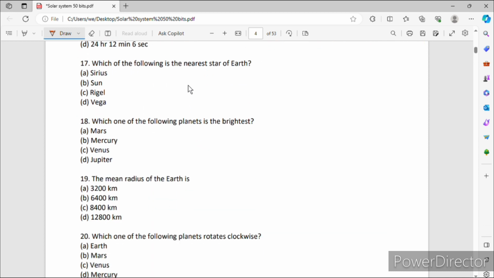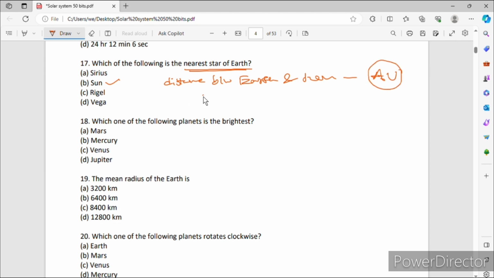Okay. See the next question. Which of the following is the nearest star to Earth? The options given are Sirius, Sun, Rigel and Vega. See friends, Sirius is a star, Sun is also a star, Rigel too, so all are stars; which is the nearest? In this, Sun is the nearest. We know the distance between Earth and Sun is called one astronomical unit, that is 1 AU.